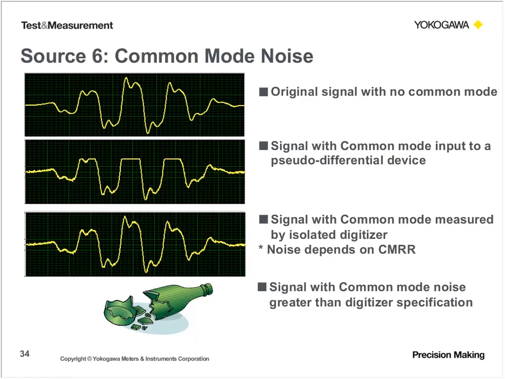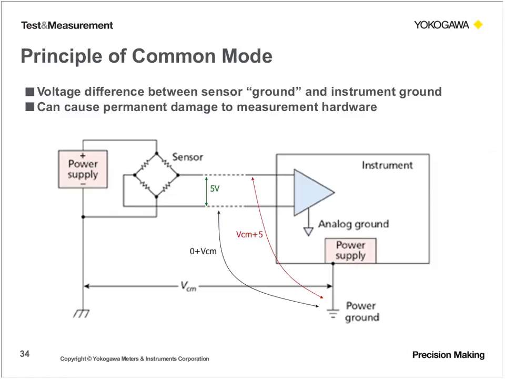If your signal doesn't look sharp, it may be that the instrument you're using doesn't have a high enough common mode rejection ratio. And if you're using an instrument with more common mode noise than it can handle, you're not going to get any good signal at all. That's the easiest and most obvious one to detect.